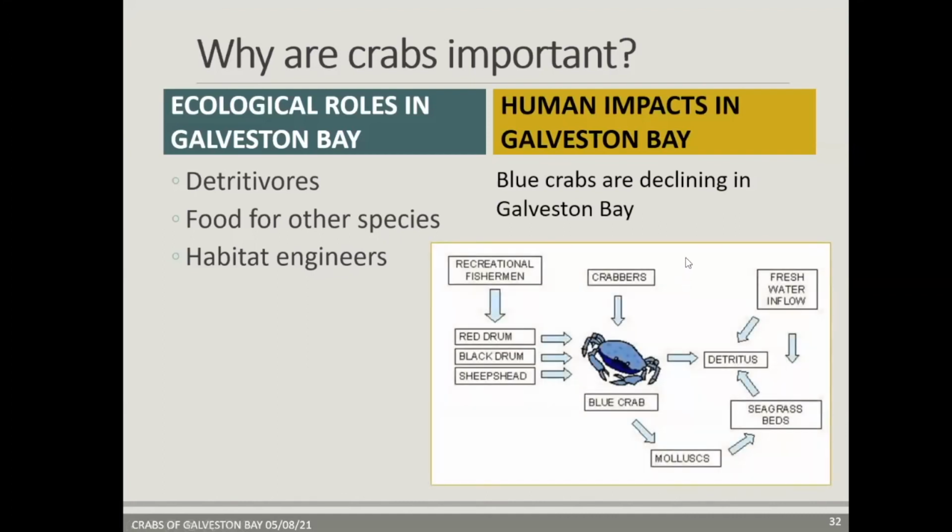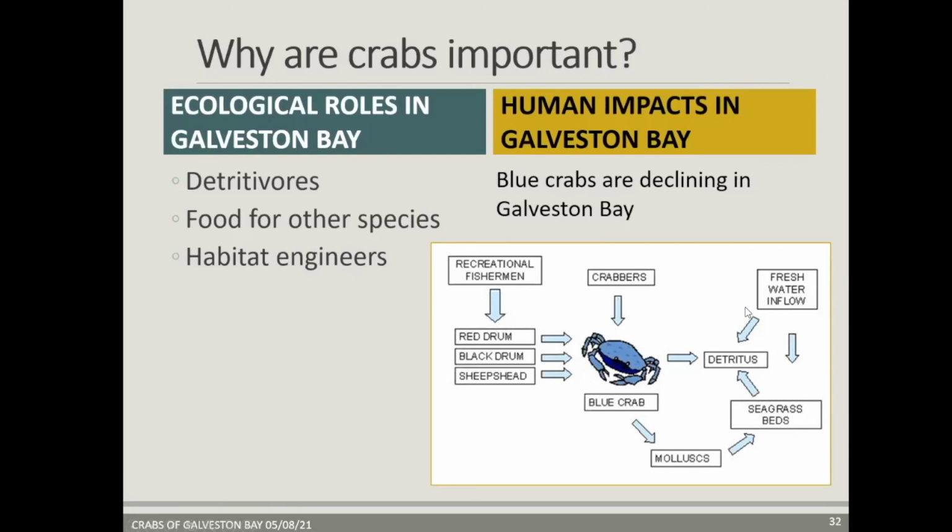If we try to figure out why, it might be that they're being overfished by people. It might be that they're being overpreyed on by some of these other fish, which recreational fishermen are fishing. Then we have the crabbers that may be overfishing the blue crabs.